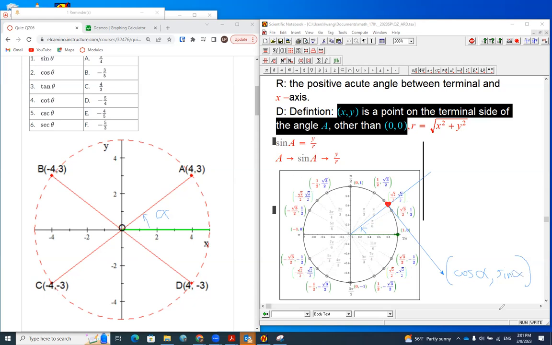And of course you know the values. In our case, cosine alpha is x over r, which is 4/5. And sine alpha is y over r, where r is 5.